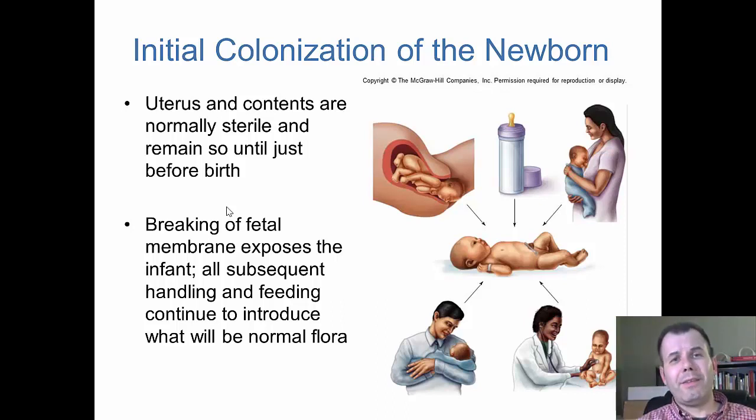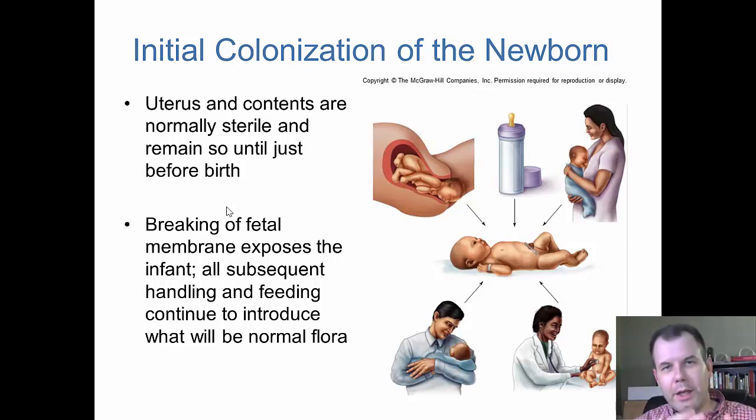Now, if you or your child had a C-section, you wouldn't be exposed to the same microbes found in the vagina, and that could change the normal flora a little bit. Also, if a mother has any STDs or other infections in the vaginal area or the cervix at the time, doctors will definitely do a cesarean section to prevent those things passing onto the baby.